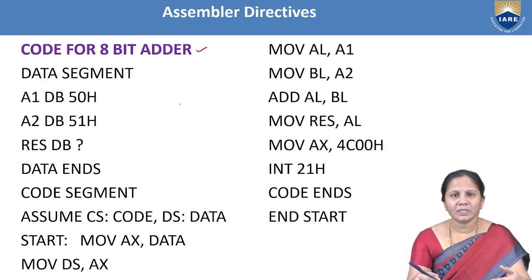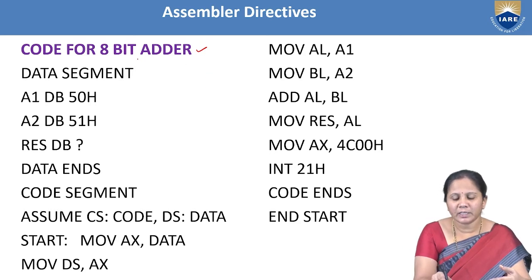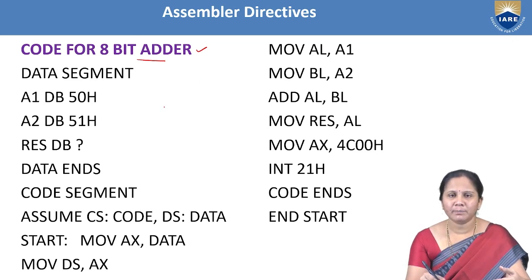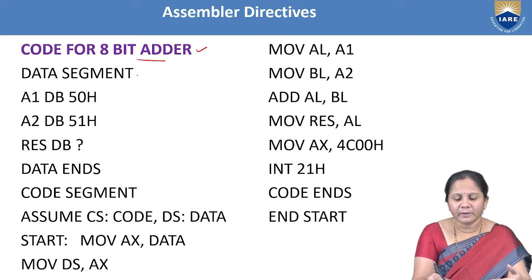This program, whatever the instructions we have used in this program, is related to performing 8-bit addition operation. This program is written completely using the instructions that are present in the instruction set of 8086 microprocessor and also assembler directives. So, already we have studied the instruction set of 8086 microprocessor.